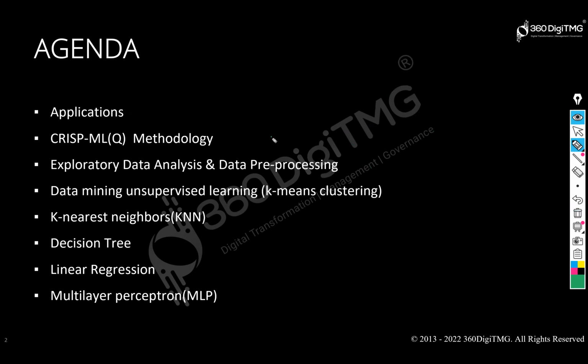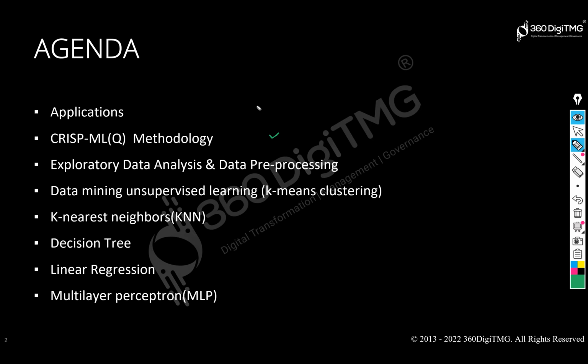Now, let us discuss CRISP MLQ. CRISP MLQ stands for Cross Industrial Standard Process of Machine Learning with Quality Assurance. That is what CRISP MLQ is all about.